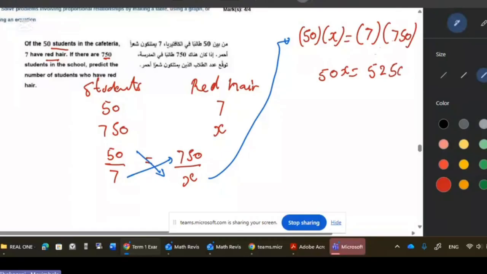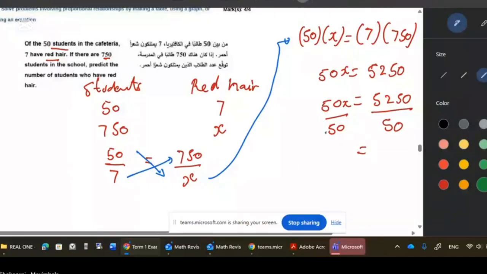You can check that later on as well. Now we divide both sides by 50: 5250 divided by 50. This cancels off, and I'm left with x.